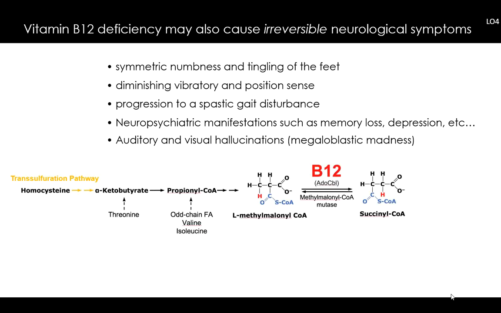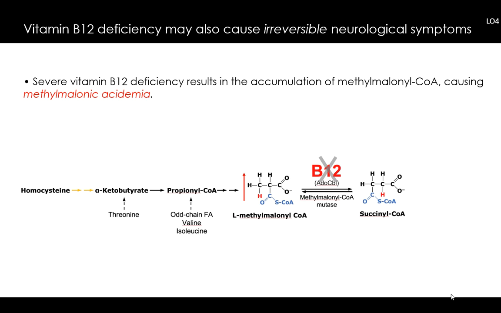In addition to the methionine synthase reaction, vitamin B12 is required for the conversion of L-methylmalonyl-CoA, resulting from the metabolism of homocysteine, branched-chain amino acids, and odd-chain fatty acids, to succinyl-CoA by methylmalonyl-CoA mutase. Severe vitamin B12 deficiency results in the accumulation of methylmalonyl-CoA, causing methylmalonic acidemia.